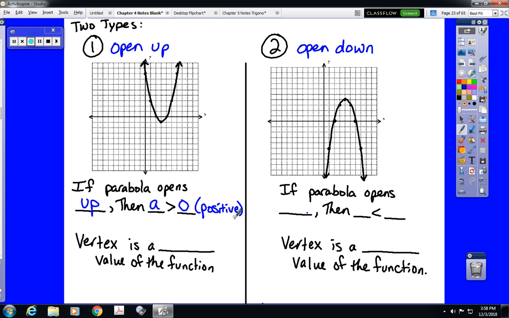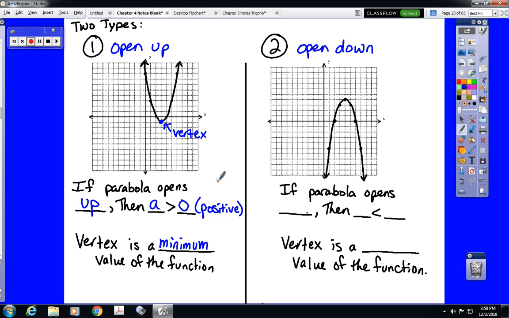In that case, the vertex, this point right here, is the minimum value of the function. In other words, if we look at the parabola and the a value is positive, that tells us that that particular function has a vertex that is a minimum value. We'll get to how to figure out what that value is here in a little bit.